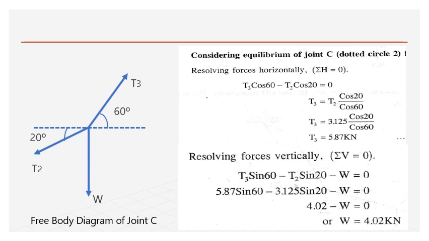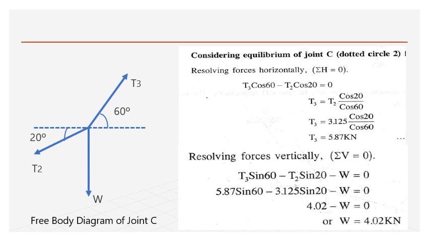So if you substitute, we know T3, we know T2. Only unknown is W. We can find the value of W as 4.02 kilonewton. Okay, this is how we find.